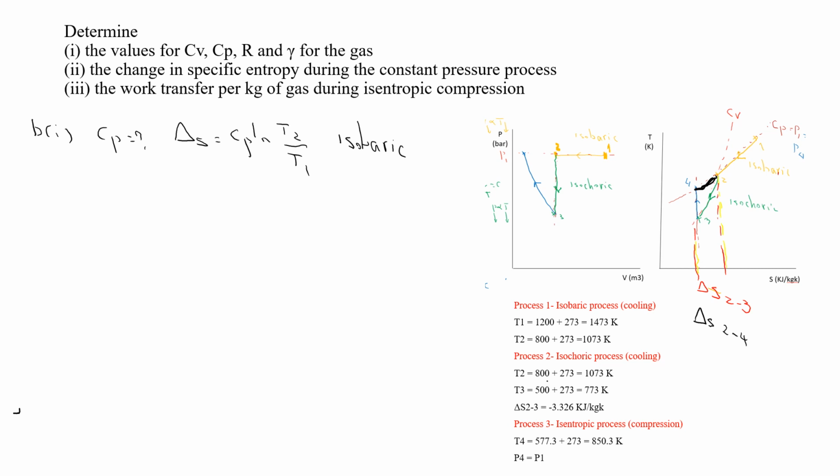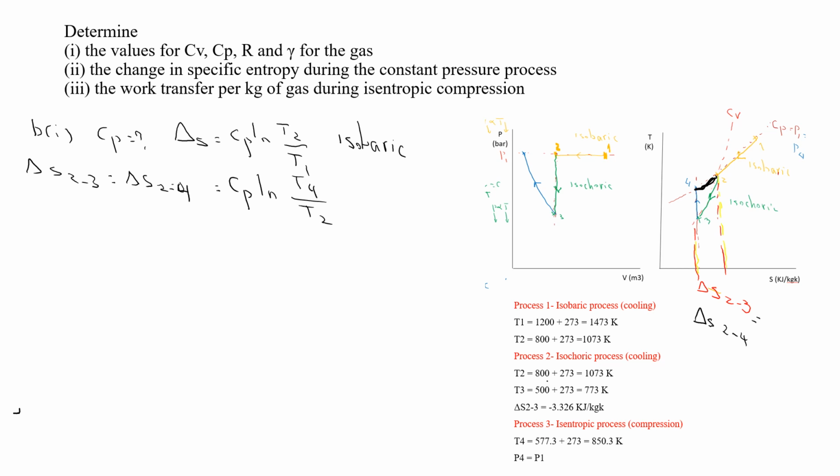As you can see that delta S23 is equal to delta S24. And this path of the 2,4 is an isobaric process because it is lying on the curve of constant pressure. So delta S23 is equal to delta S24, and this is equal to Cp natural log of T4 over T2.